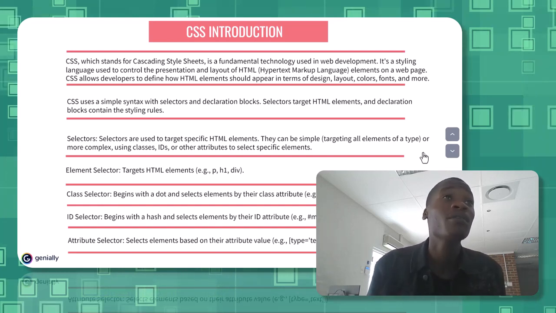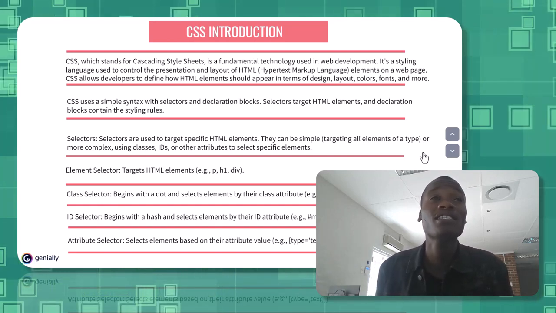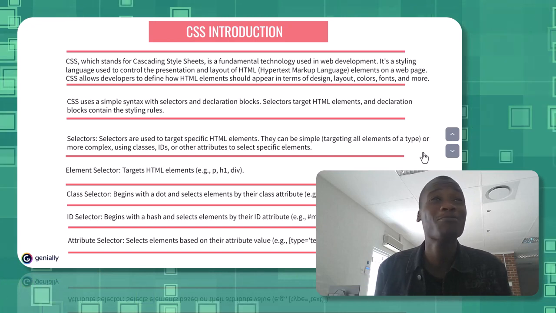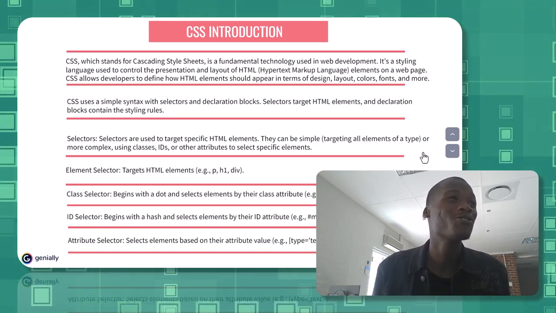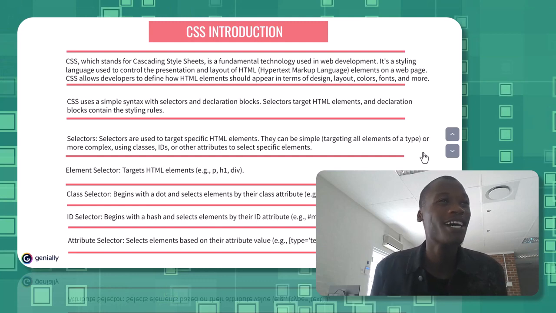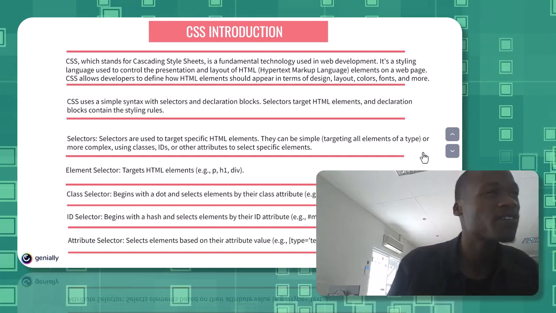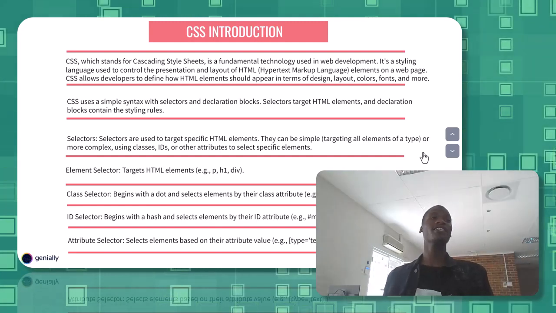They can simply target all elements of a type, or more complex, using classes, IDs, or other attributes to select a specific element. So what is an element selector?